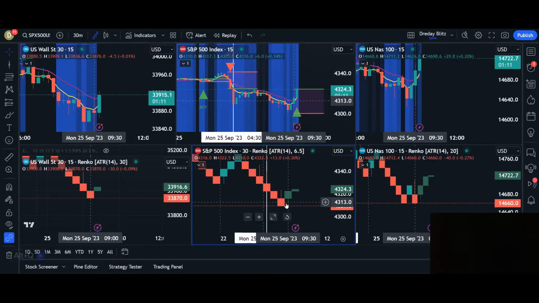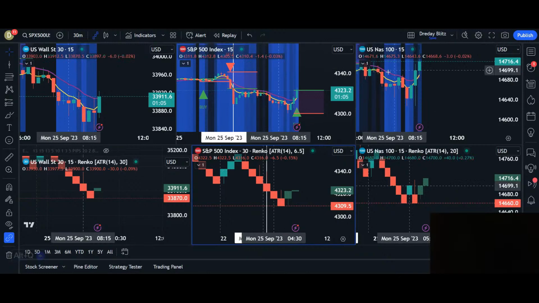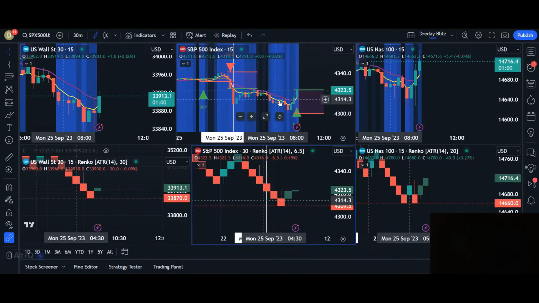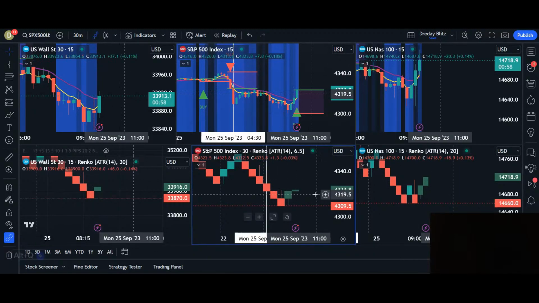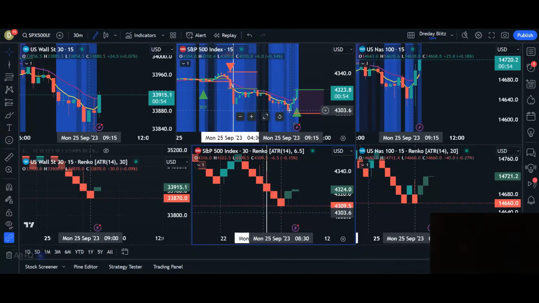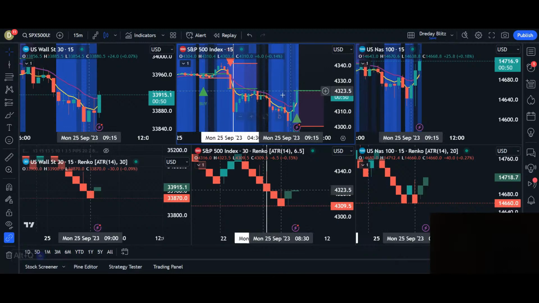Right now it's still being plotted, but I already explained to you guys how to trail your trade. Make sure you trail it, and you may have already been out of that trade if you trailed your stop loss, because it went back up.